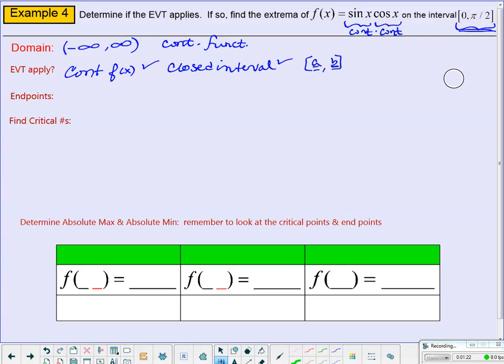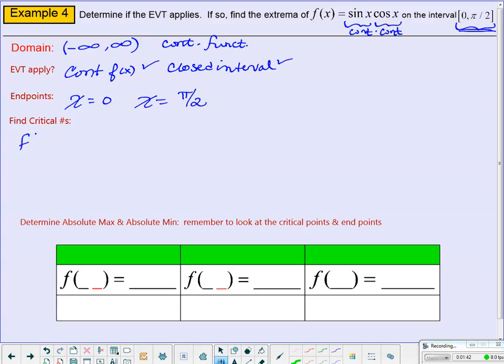So that's the importance of having the closed interval. So what are my endpoints? The endpoints are x equals 0 and also x equals pi over 2. So those are candidates for possible extreme values.